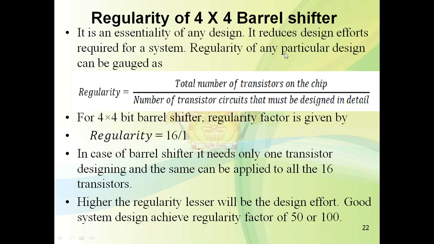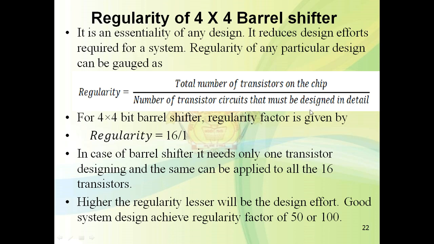Regularity of any particular design can be gauged as: regularity is equal to the total number of transistors on the chip divided by the number of transistor circuits that must be designed in detail.